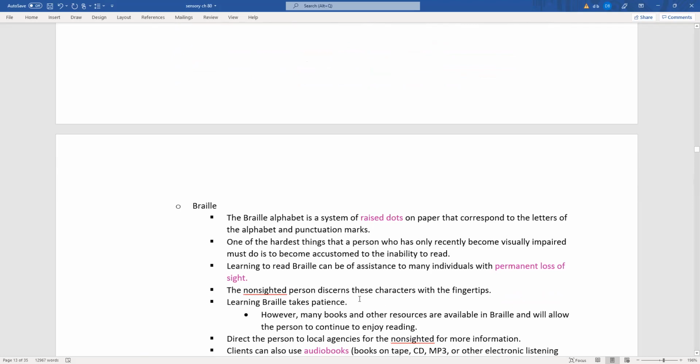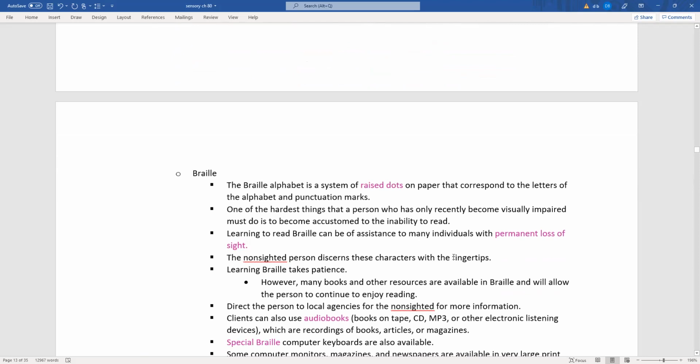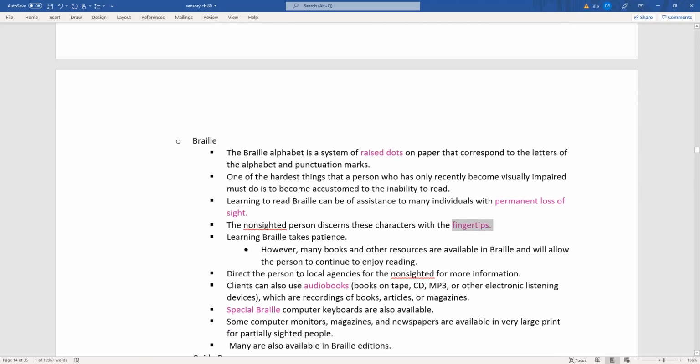The non-sighted person discerns these characters with the fingertips. Learning Braille takes patience. However, many books and other resources are available in Braille and will allow the person to continue to enjoy reading. Direct the person to local agencies for the non-sighted for more info.